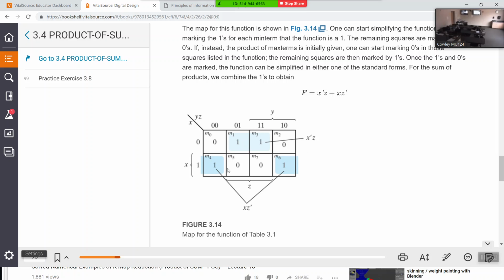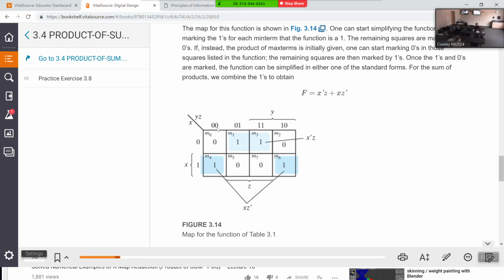Plus, and then if I focus on these down here, they're all in the same row where x is equal to 1, and x equals 1 is just our normal x. And then y is 0 in the column for M4, and y is 1 for the column for M6. So they're different, so that's why the y drops away.